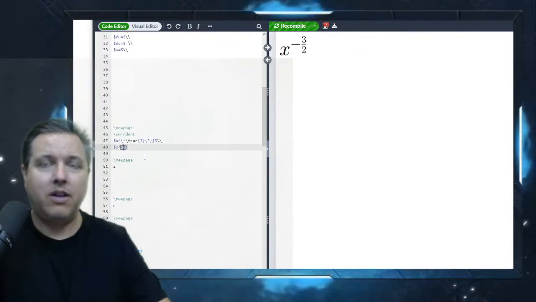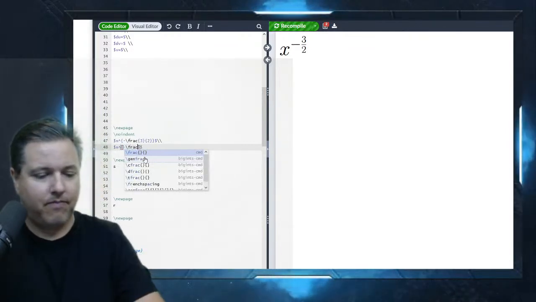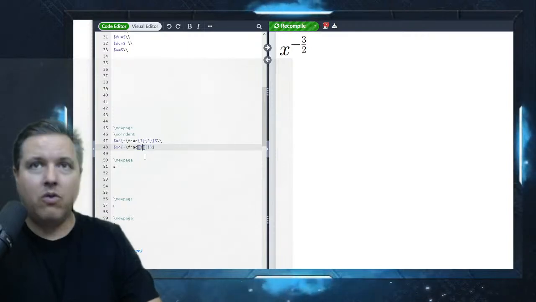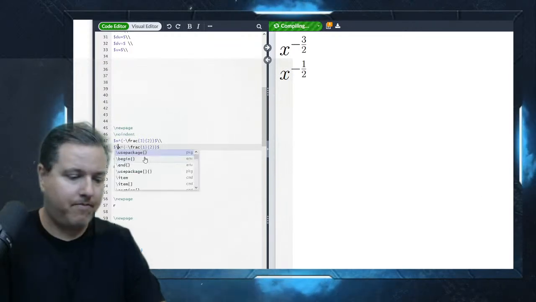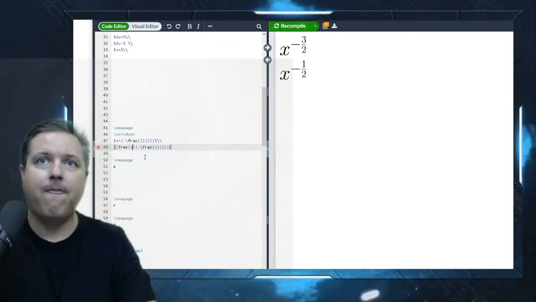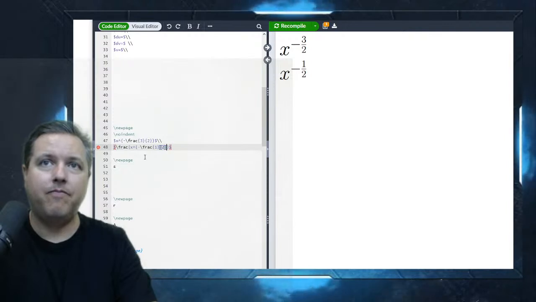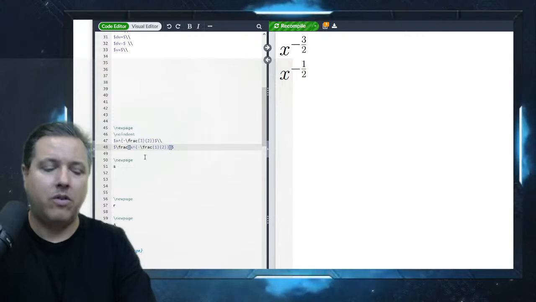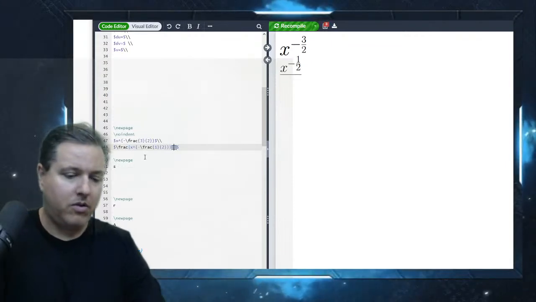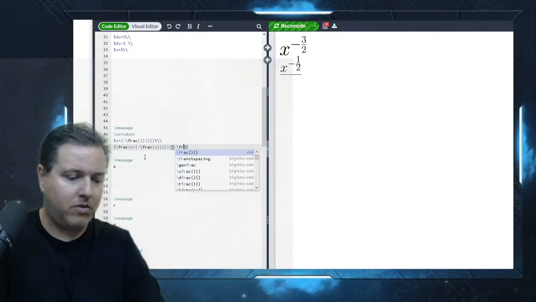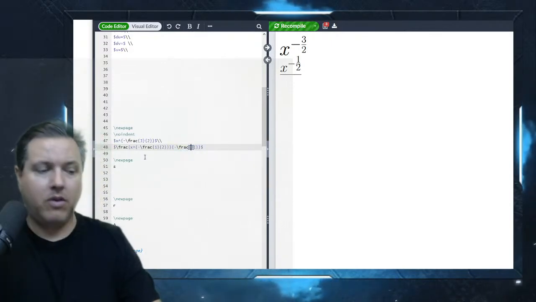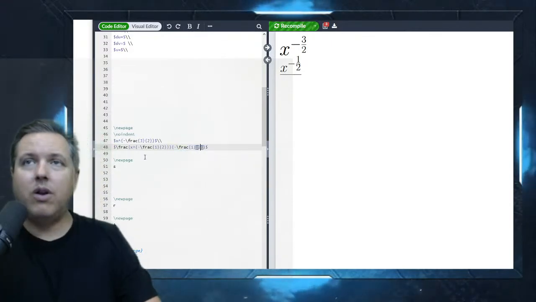x to the negative 1/2 divided by negative 1/2.